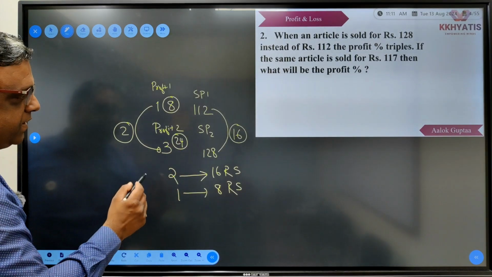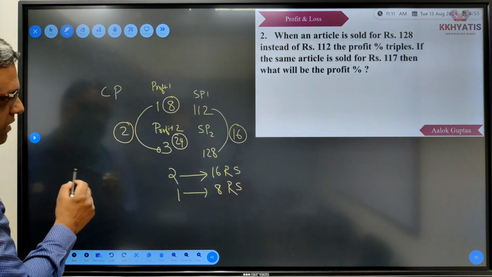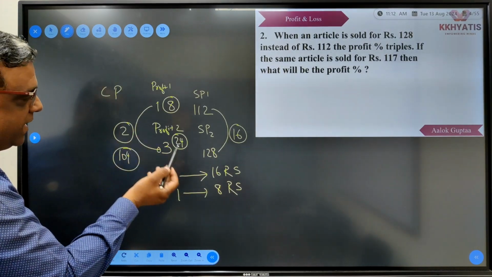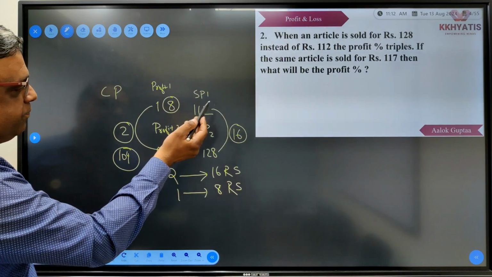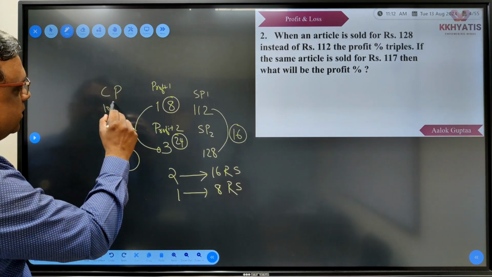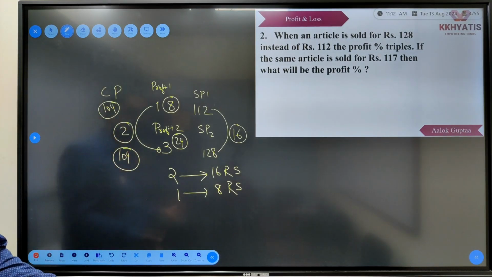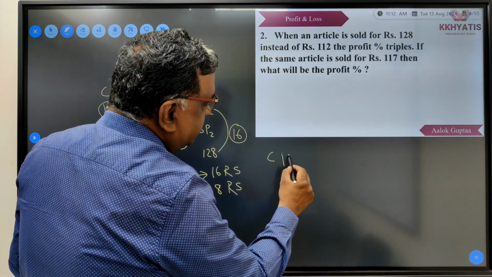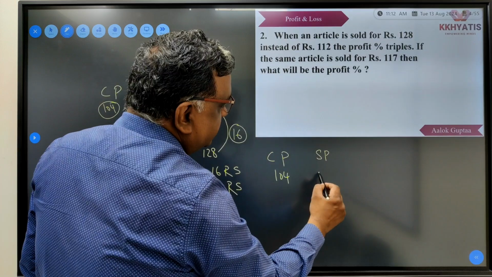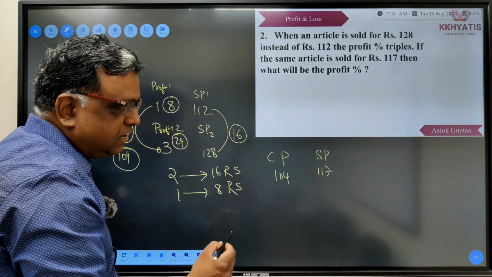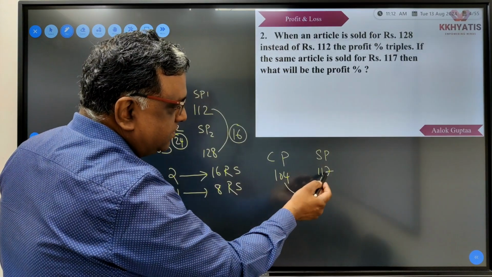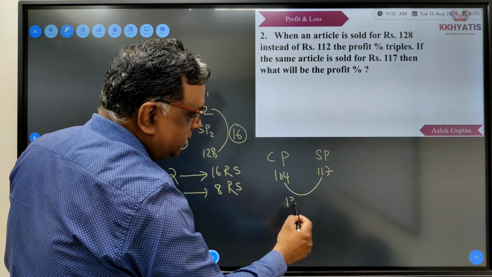Which means if I calculate the CP of this article, either I can do 128 minus 24, 104, or I can do 112 minus 8 also 104. So my CP I got. My CP is 104. Now I am being told if I sell this article at 117, what is my profit percentage? So what is profit percentage? What is the profit here? 117 minus 104, 13.